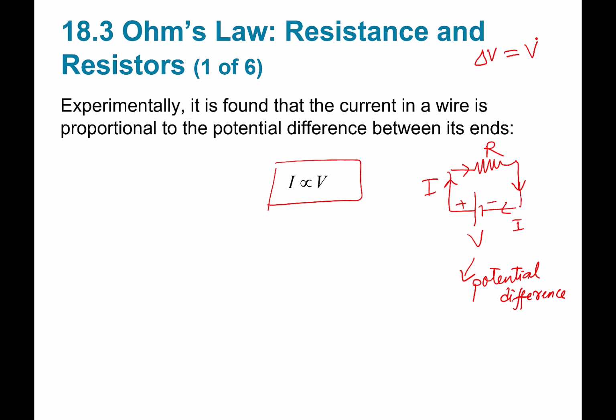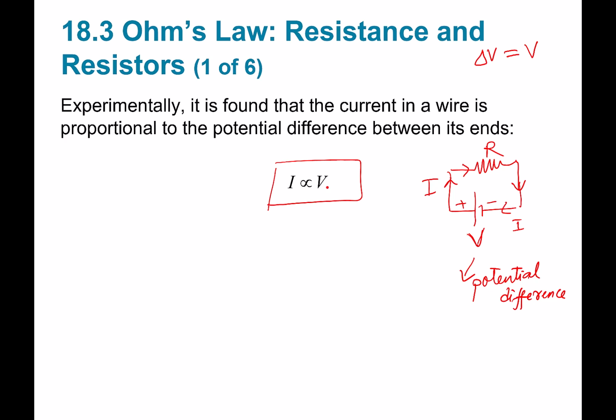If, for example, we connect a wire to the terminals of a 6-volt battery, the current in the wire will be twice what it would be if the wire was connected to a 3-volt battery. So if I first use 6-volt battery and then I use 3-volt battery, obviously the higher voltage I use, the higher current that is generated in the wire.